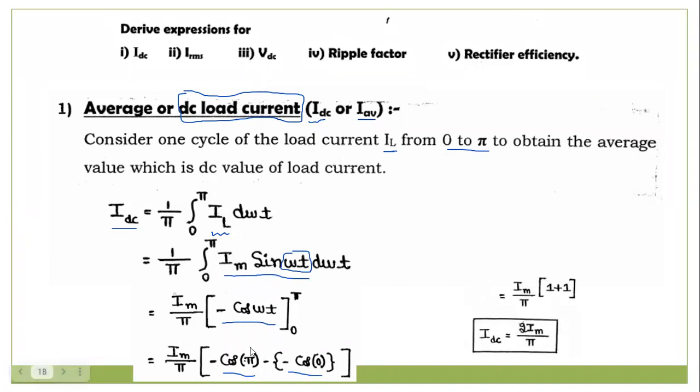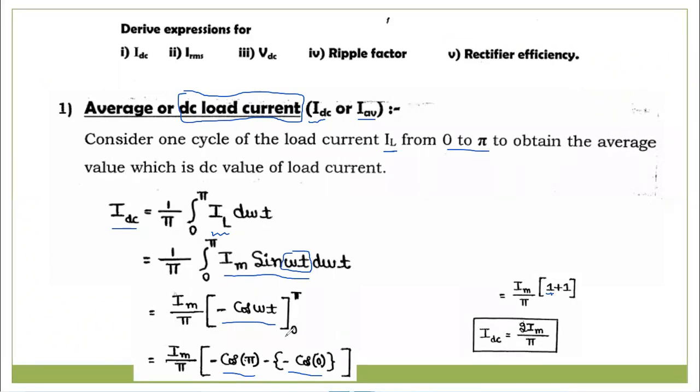The cos pi value is minus 1, so minus into minus becomes plus, and we get 1. Similarly, in this term, this minus is multiplied with this minus, so it becomes plus. The cos 0 value is 1. So we have 1 plus 1, which is nothing but 2. That's why we'll get an expression for IDC as 2 Im by pi.